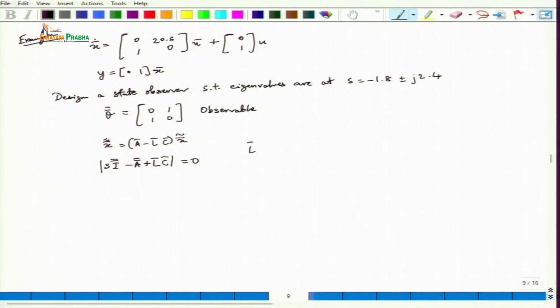We will consider L equal to L1 L2. So based on this we can get the equation to be S square plus L2 S minus 20.6 plus L1 equal to 0. Sorry, this is L1.